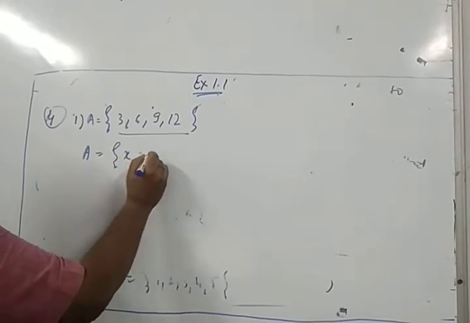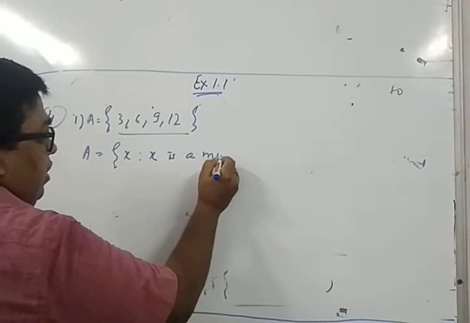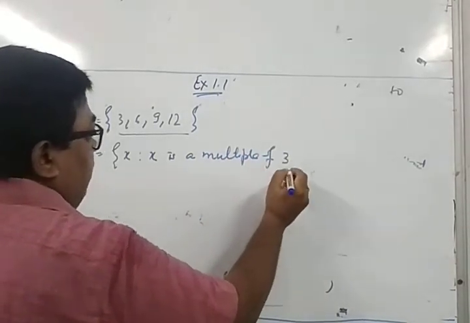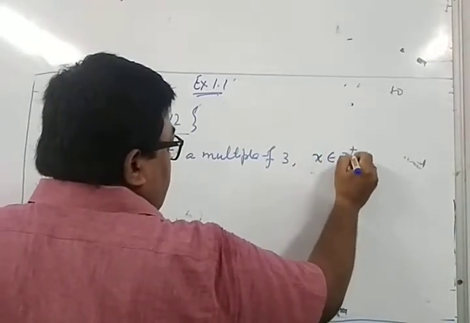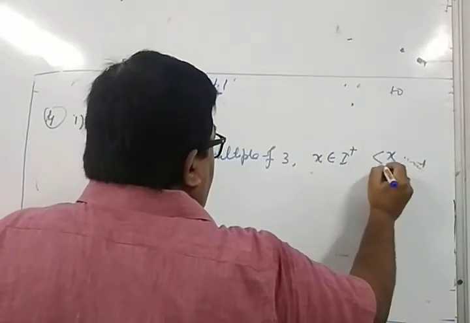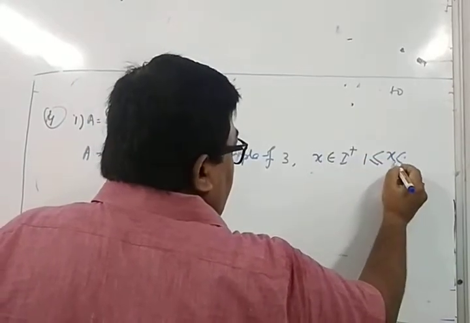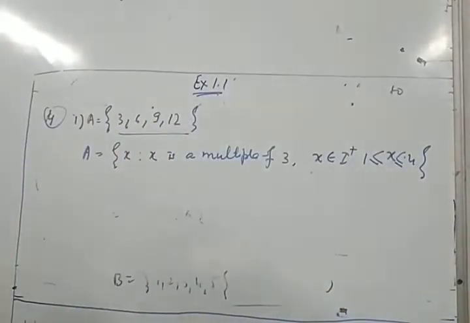Say x such that x is a multiple of 3, where x belongs to the positive integers and the value of x is between 1 and 4. This is converting to set builder form.